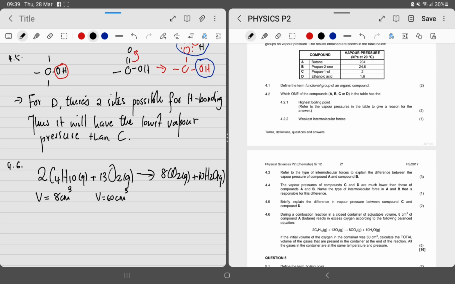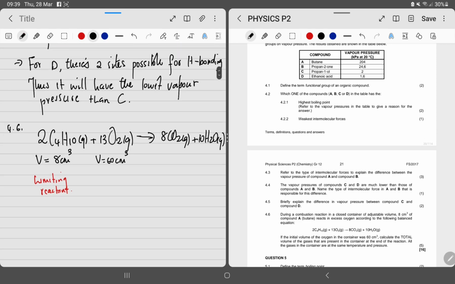Okay, so the first part we are told that the oxygen is in excess. So this means that butane is the limiting reactant. So as soon as the butane is depleted, the reaction is going to stop.